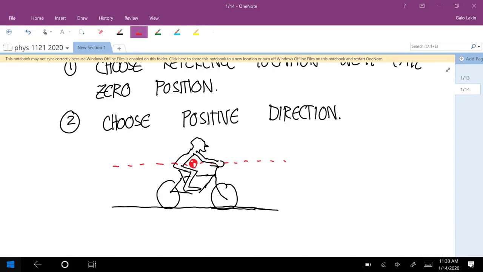Good high jumpers use the back flop thing. Can you picture like they run up, turn around, and go over backwards? The reason they do that is because that way of doing it is very efficient at getting points of your body higher than your center of mass at any instant.